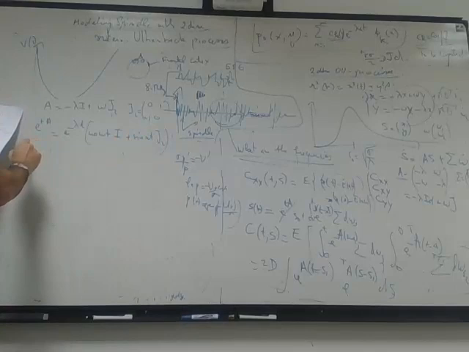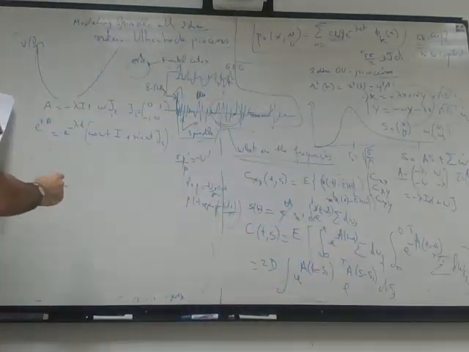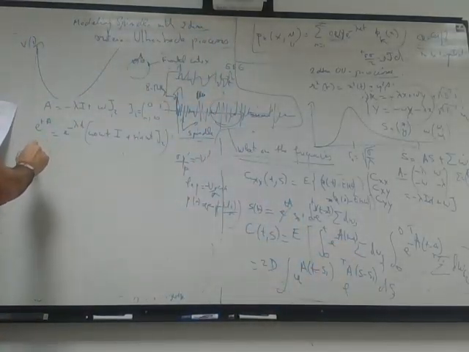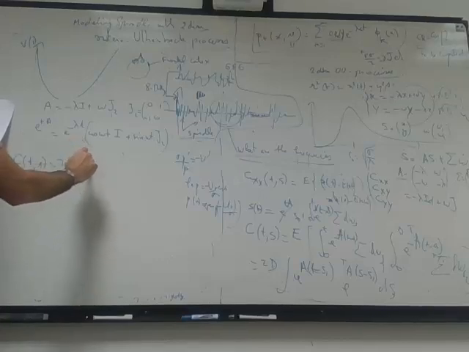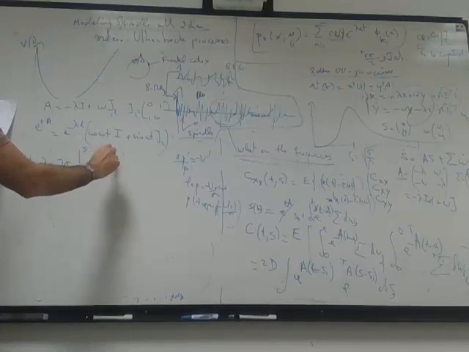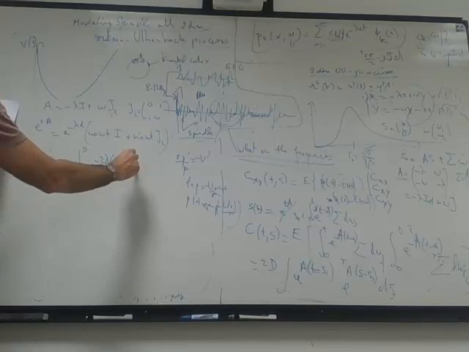And then if you plug this in here, you get Ct of s is 2 sigma, you have to integrate up to s of exponential minus 2 lambda (s minus t prime) minus lambda tau.